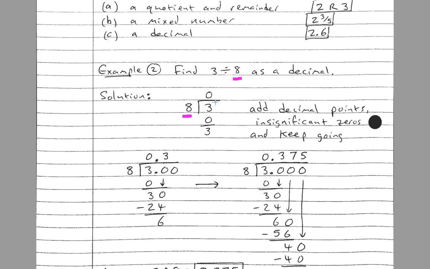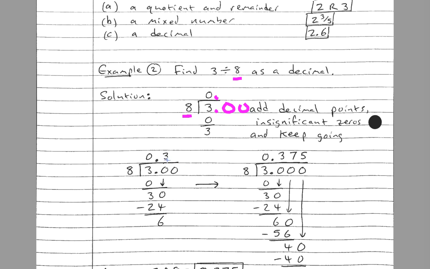That fits in 0 times, remainder 3. But now we're going to rewrite that 3 as 3.00. We can keep adding zeros and continue the division, not forgetting to put the decimal point in the answer up above this decimal point.